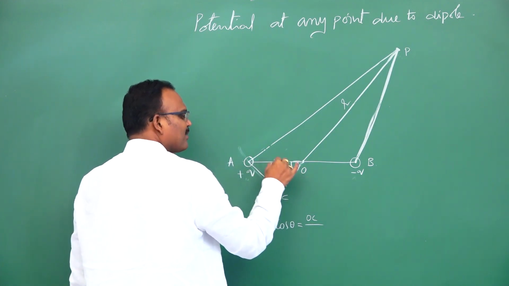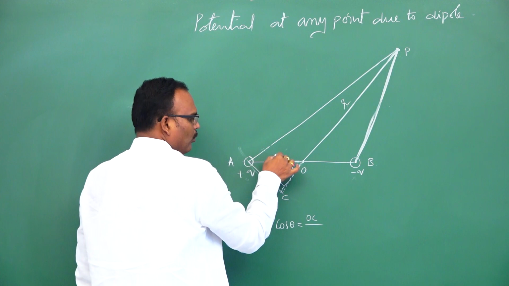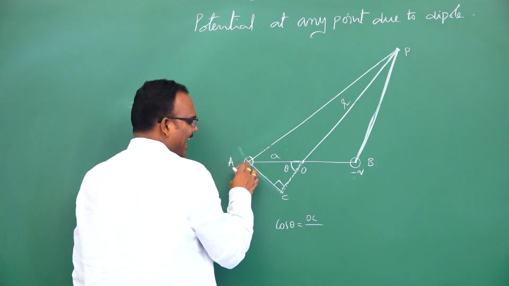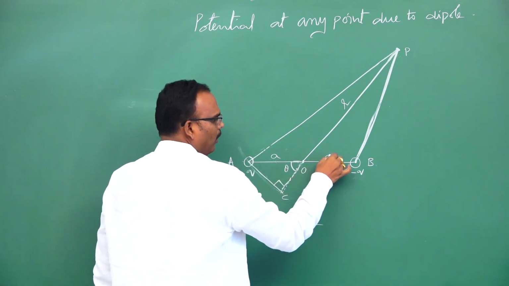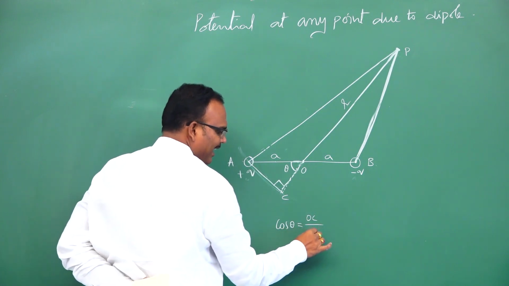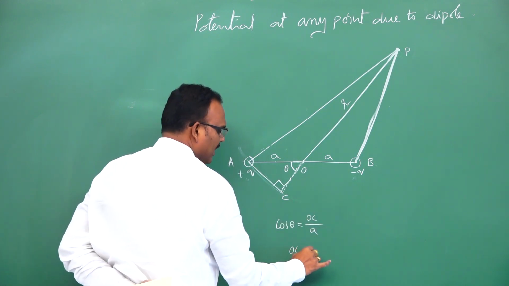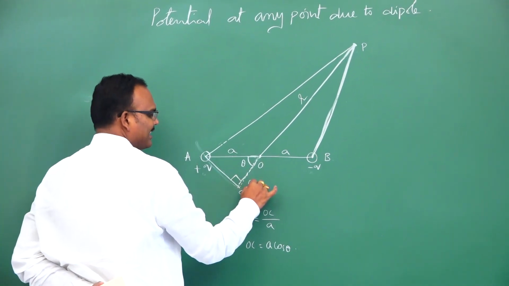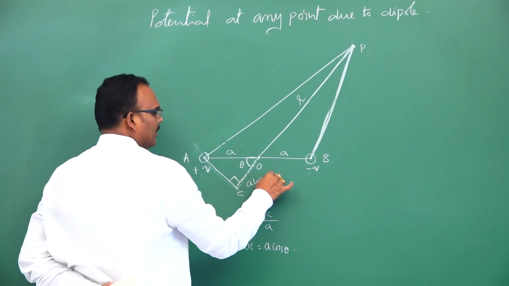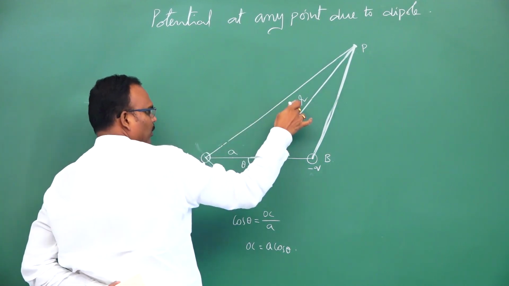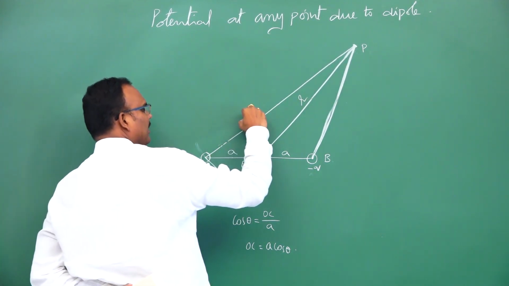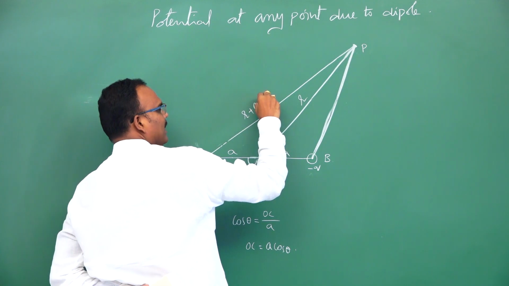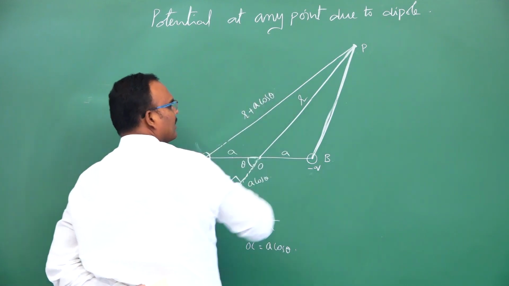This is 90 degrees, so this is the hypotenuse, and its length is a, half of the length of the dipole. That means OC is equal to a cos theta. Now this length is equal to r plus a cos theta.